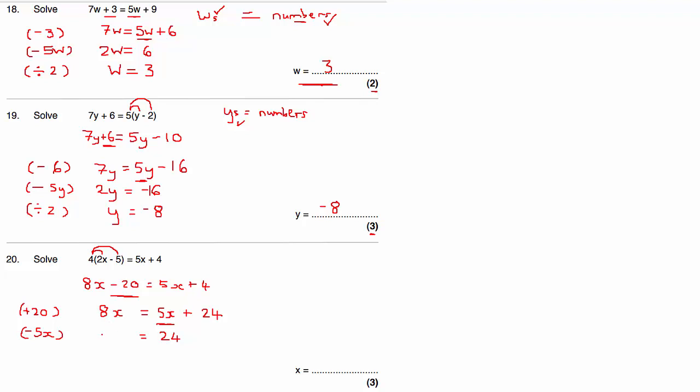So 8x minus 5x leaves us with 3x. So we've got 3 lots of x's, 24. We just want x equals, so we divide this time by 3. So x equals, and 24 divided by 3 is 8. So x equals 8.